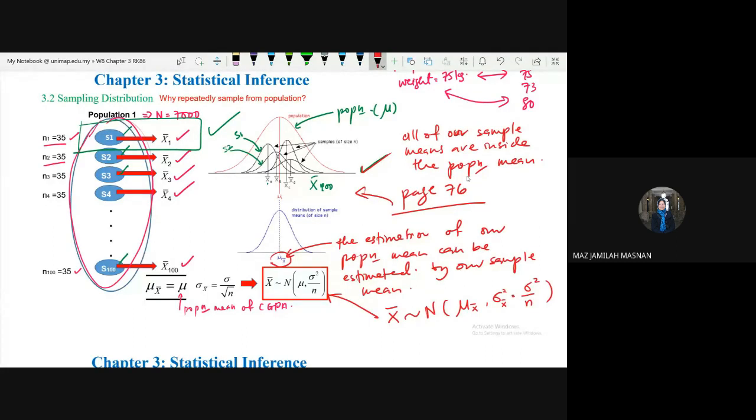But due to some limitation, we are going to sample once only, and the sample that we collected, we believe to be representative of our population. So that is the gist of this particular discussion.